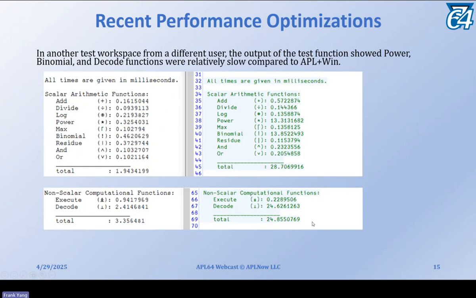Here's another user case. The user also sent us a test workspace, and the test result shows the power, binomial, and decode functions were relatively slow compared to APL plus swing.